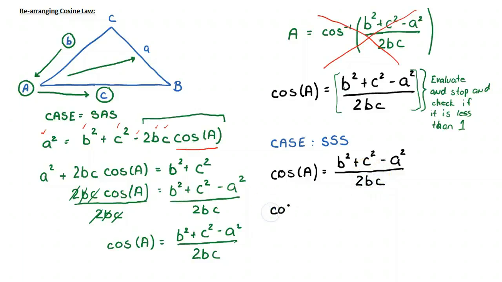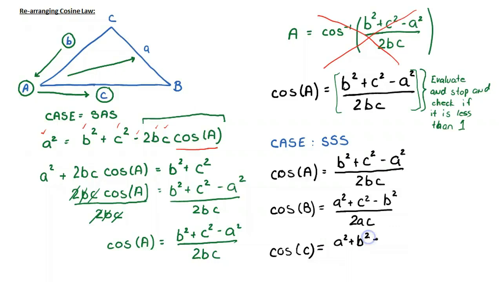And so therefore I can rewrite this as cos B is equal to A squared plus C squared minus B squared, matching the angle, over 2AC. Or I could say cos C is equal to A squared plus B squared minus C squared over 2AB.